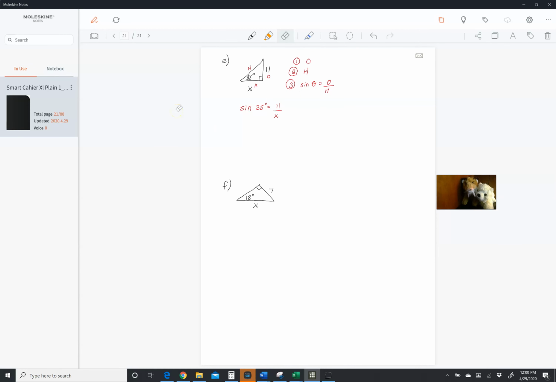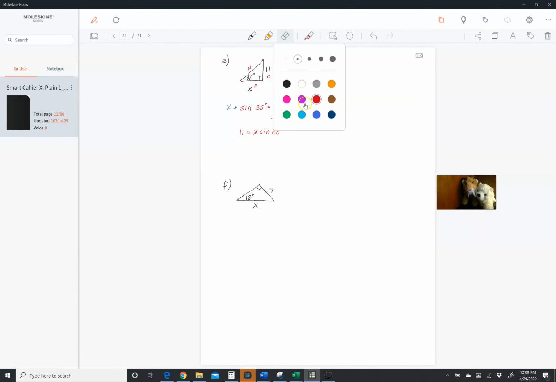So we need to get x out of the denominator. So we're going to multiply by x. The x's cancel. So we get that 11 is equal to x times the sine of 35. Notice I switched the sides. That was unintentional, but it makes no difference.